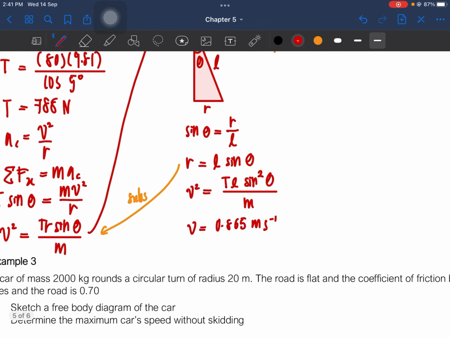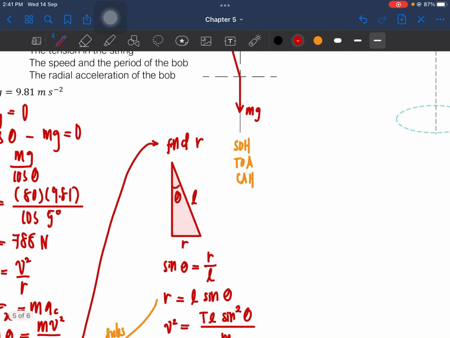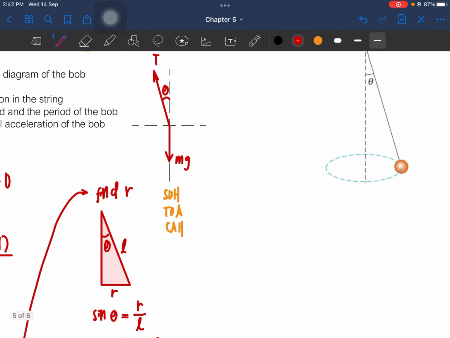Lepas tu pula kita perlu cari the period. So untuk cari the period, kita boleh guna the tangential velocity, which is the v yang kita calculate tadi.